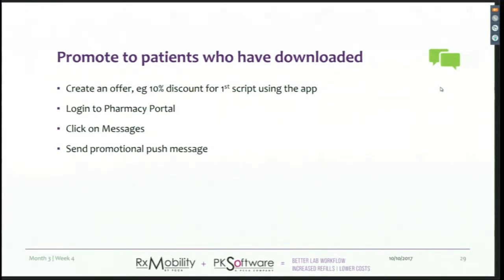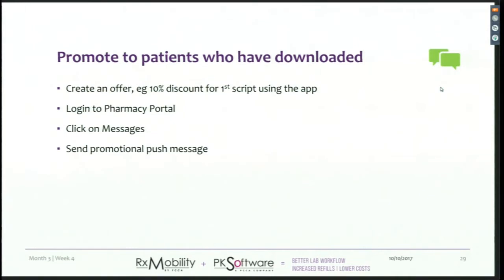On the second month, another 200 downloads. It depends on the size of your business, but you should be looking to get it into the hands of people, because the more they download, the more time you save on phone calls, and the more engaged you can be with them via the mobile app. The more you can promote to them via the mobile app, and the more refills that you get, you can improve your refill rates.